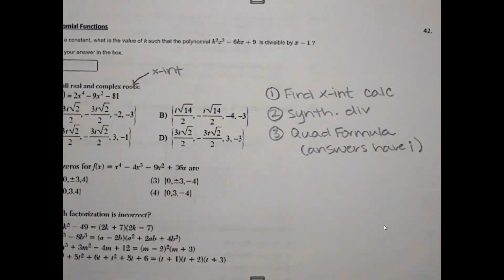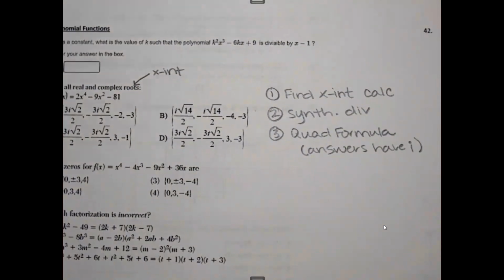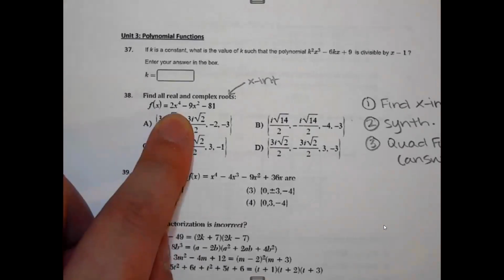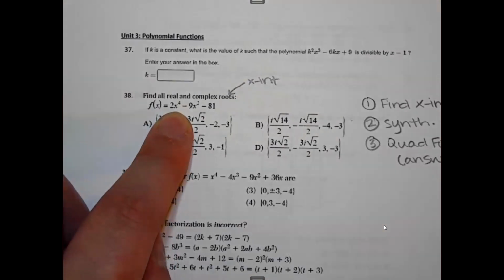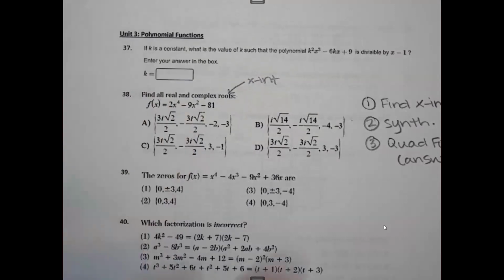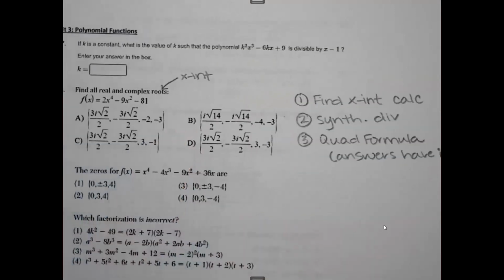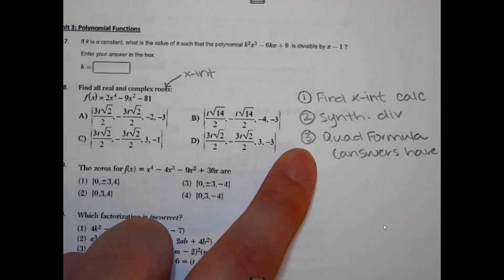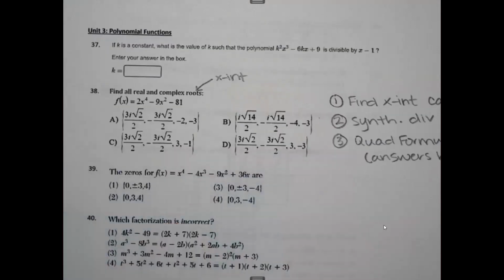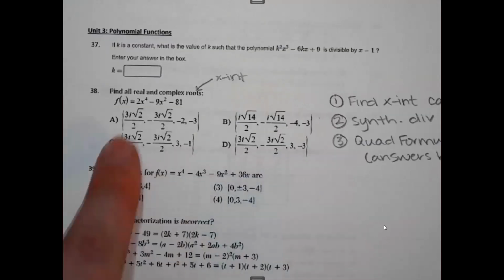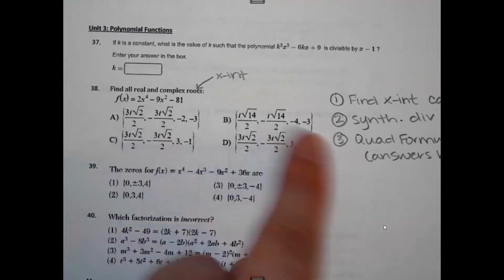So the resulting answers after this were imaginary. We would look at the beginning of the problem and say, oh, it has an x to the 4th, that means there's 4 answers. So if you vaguely remember that, hopefully, what we're looking at here is that we want to find 4 answers. You can see that all of these choices do have 4 answers.